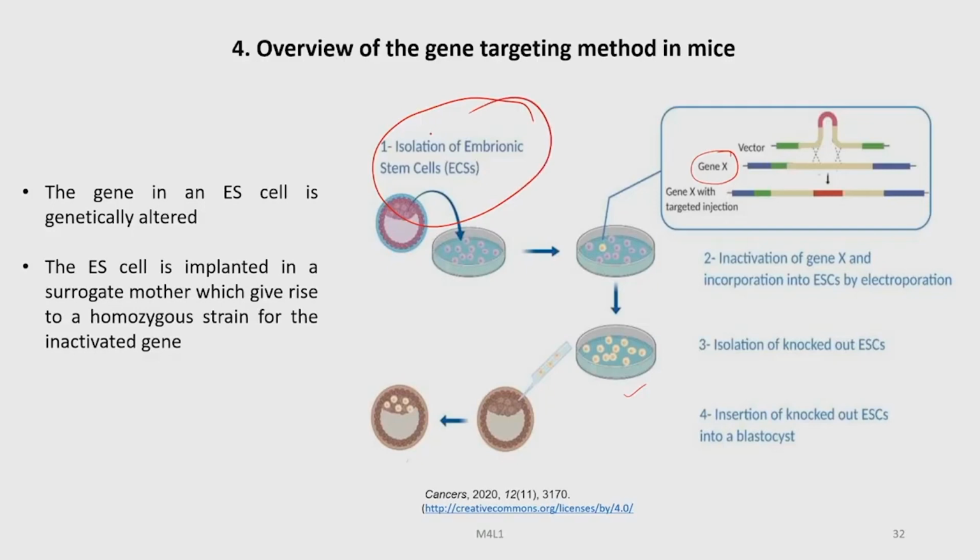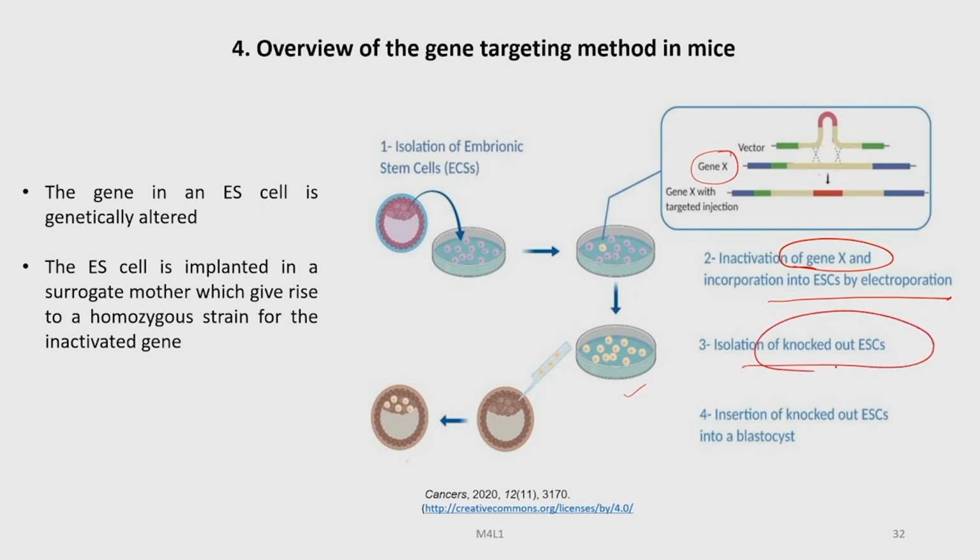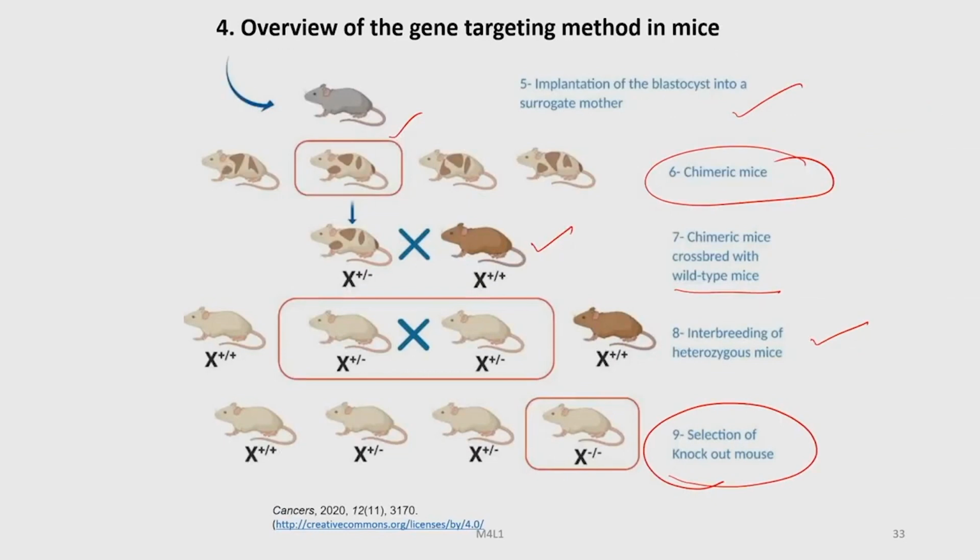So, you can see here, starting from isolating embryonic stem cells, then inactivating a gene of interest, which is kind of silencing or knockout, and then introducing it by electroporation, and finally isolating the knocked out embryonic stem cell and inserting it into the blastocyst, and finally implanting it in a surrogate mother, leading to the production of chimeric mice.